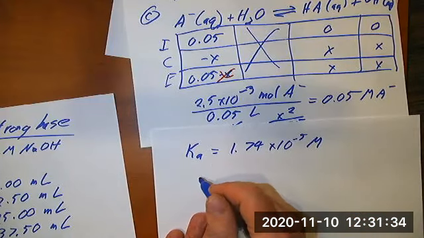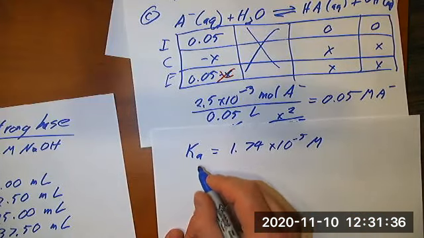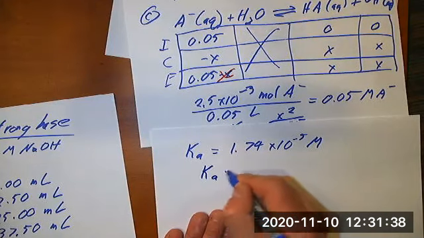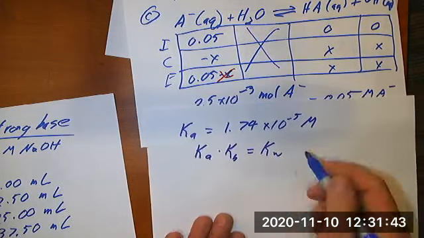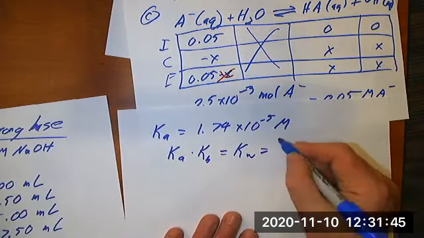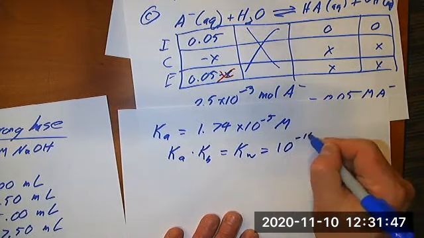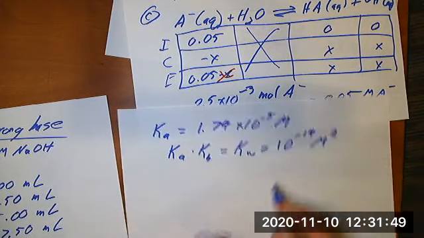And the conjugate base's Kb is related to the Ka by Ka times Kb equals Kw. And remember Kw at room temperature is 10 to the negative 14 molar squared.